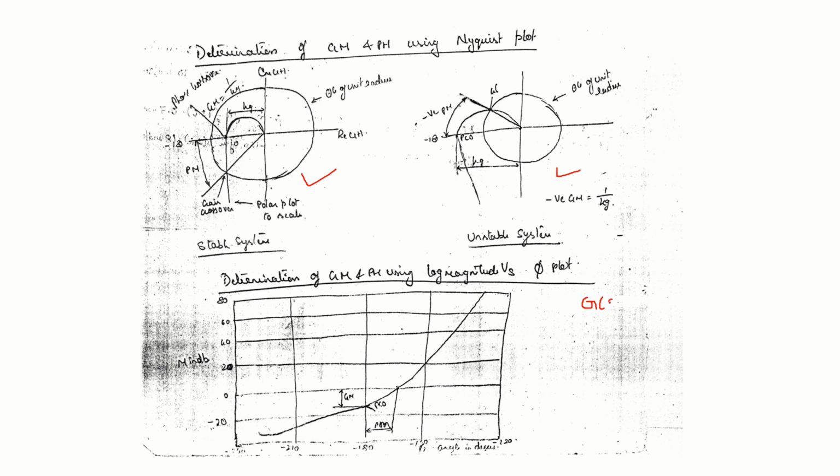G of S, H of S will be given to you. Write the magnitude equation, substituting S equal to J omega, as well as the phase angle equation.